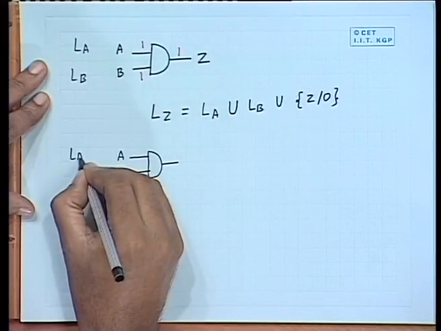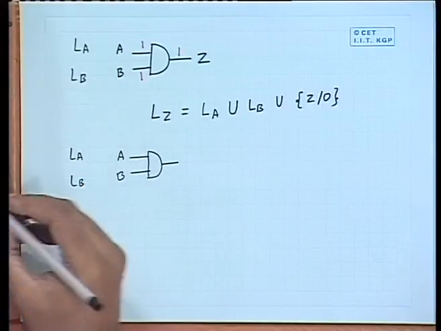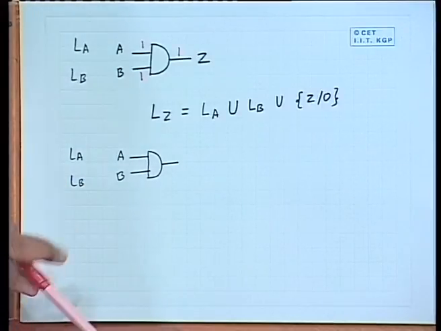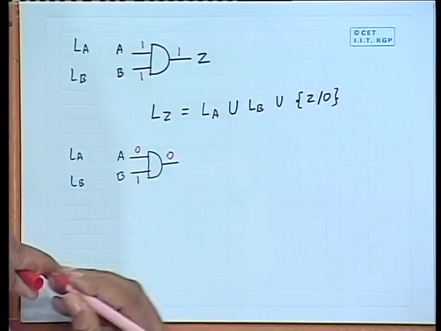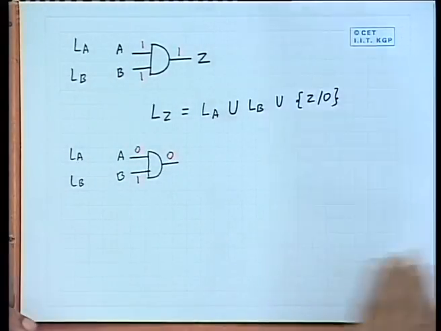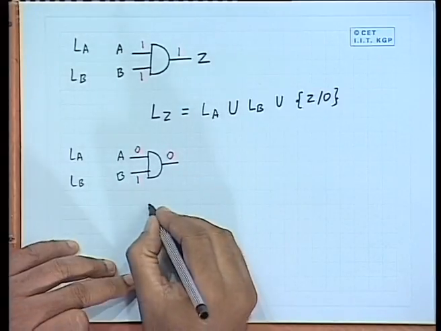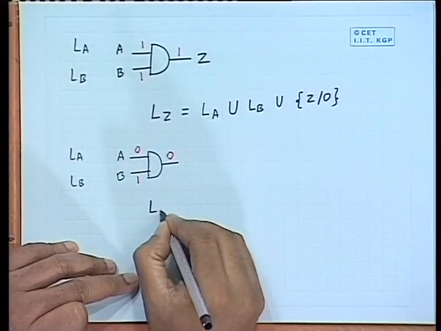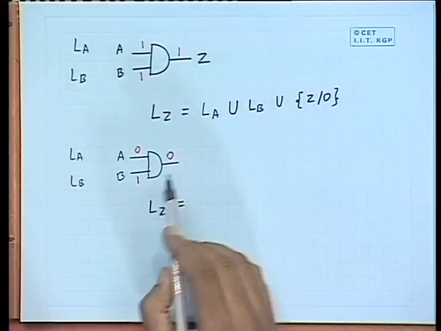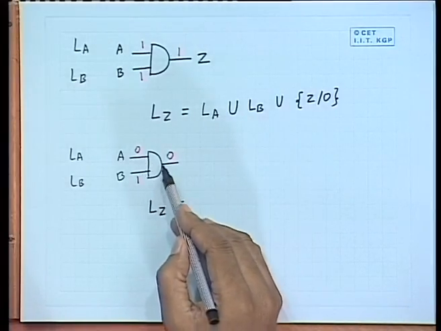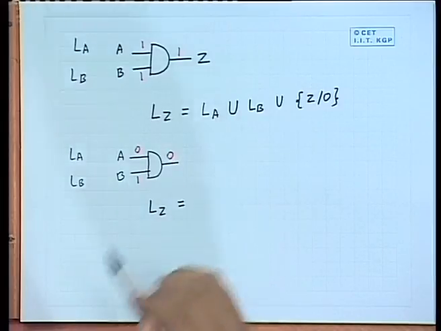But let us take the same AND gate with the same input fault lists, say LA and LB, with the applied input values 0, 1 and 0. Now, let us try to see under this condition how we will calculate LZ. See, this AND gate output is 0.